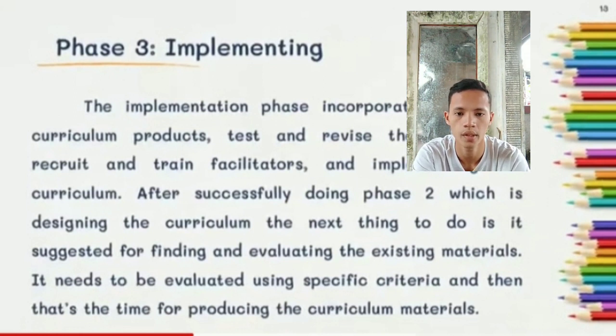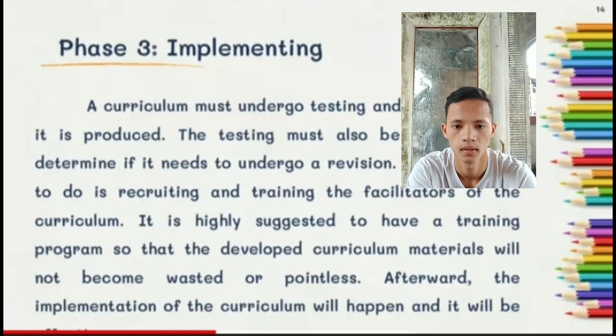After successfully doing phase 2, which is designing the curriculum, the next thing to do is finding and evaluating the existing materials. They need to be evaluated using specific criteria, and then that's the time for producing the curriculum materials.